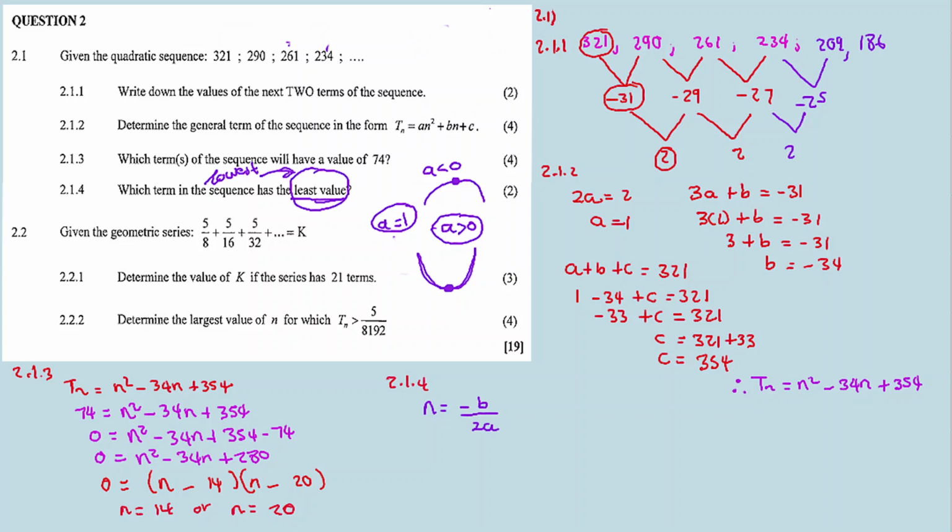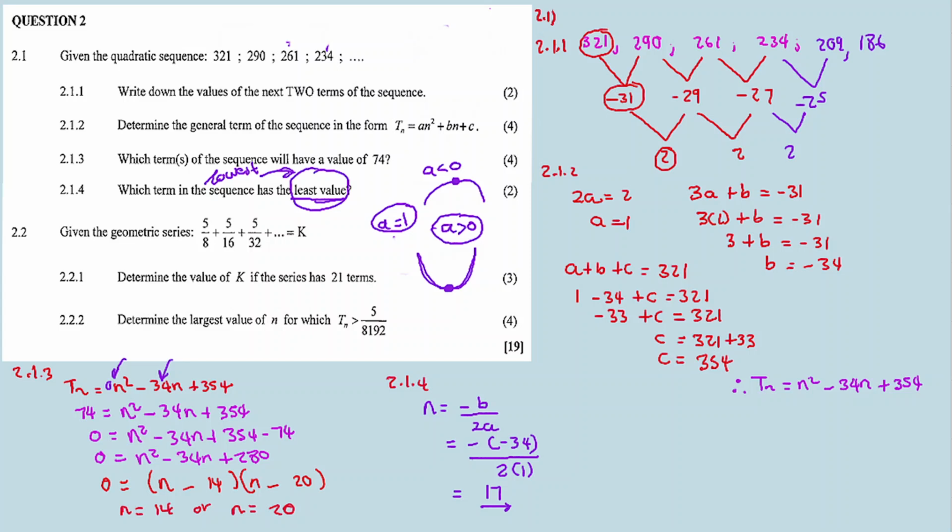We substitute a which is 1, b which is minus 34. A negative times a negative is a positive, 34 divided by 2 is 17. So our answer is 17. So the 17th term in this quadratic sequence is in fact the least value.